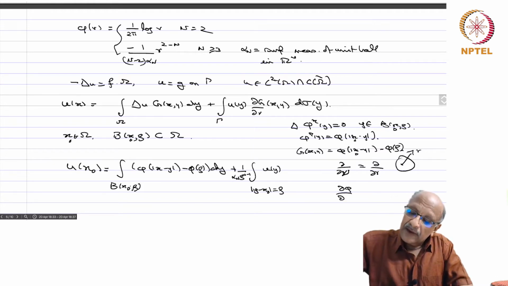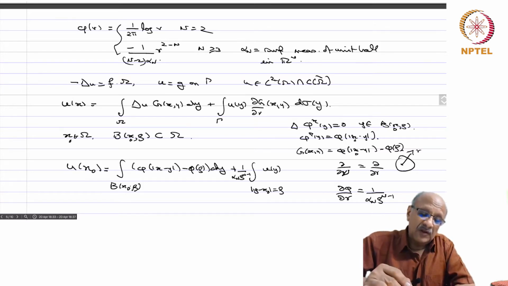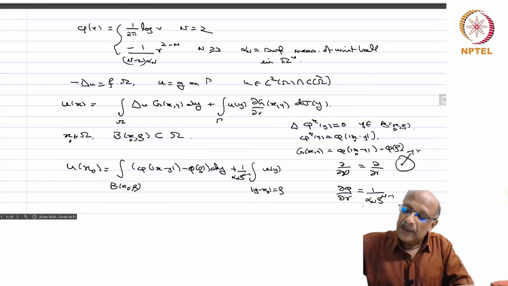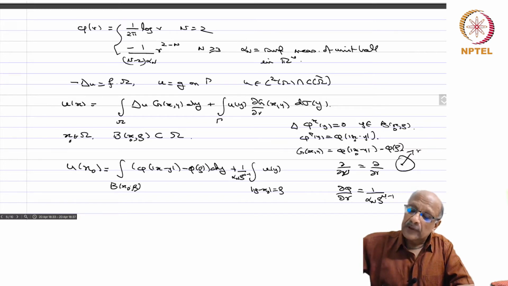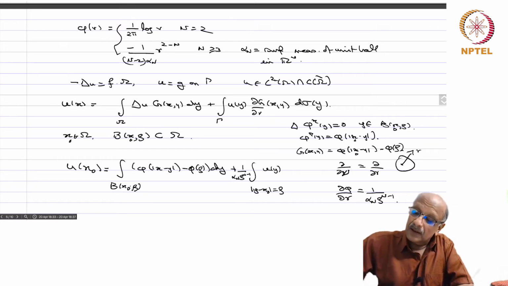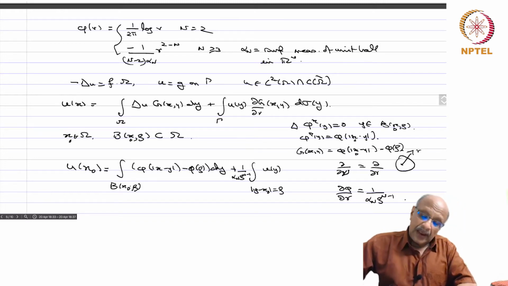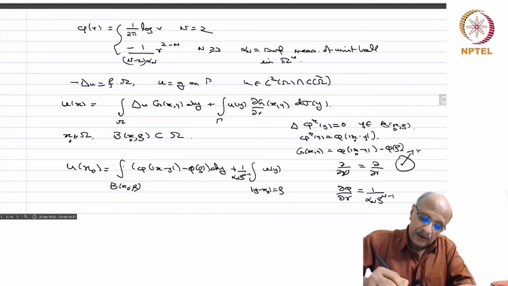That is immediate from the formula for n bigger than or equal to 3. For n equals 2, log r will give you 1 by r, that is 1 by 2 pi r, where 2 pi is alpha 2, the perimeter of the circle, and rho to the 2 minus 1 is nothing but rho itself. Okay, fine. So you get this.